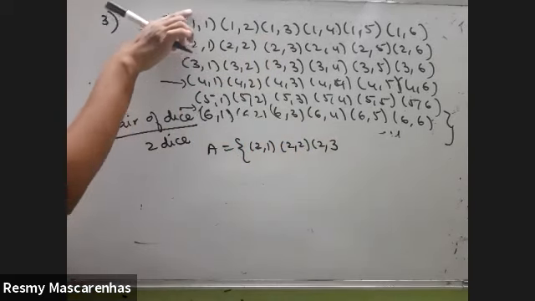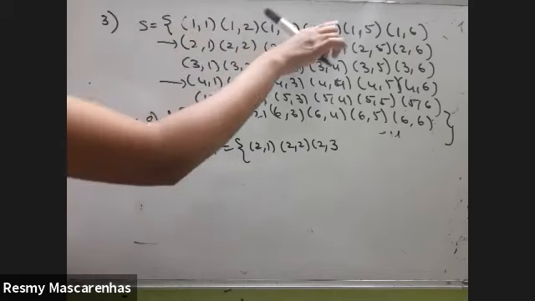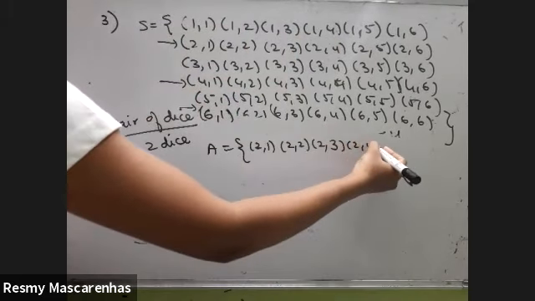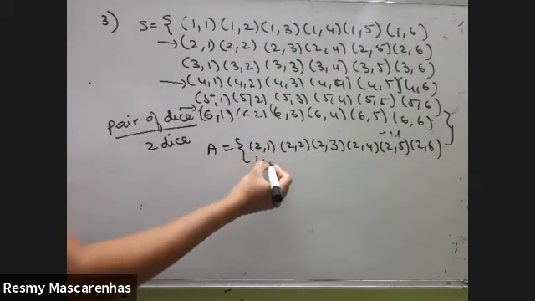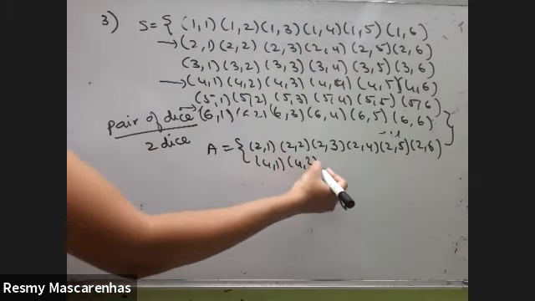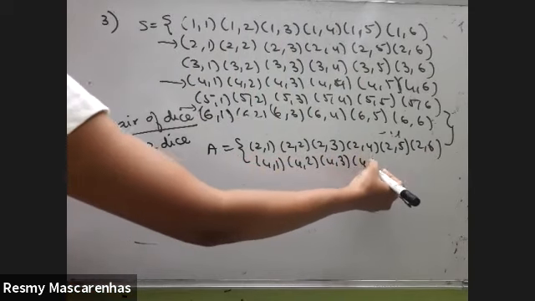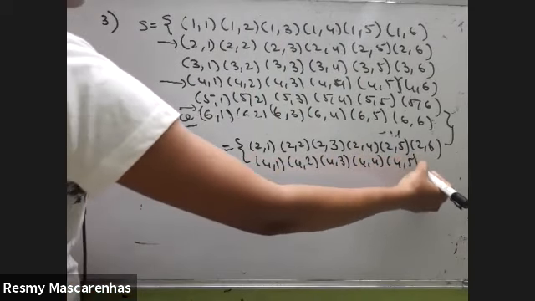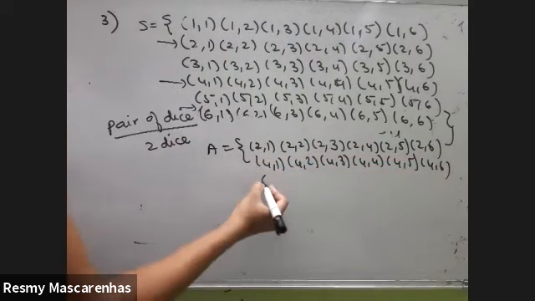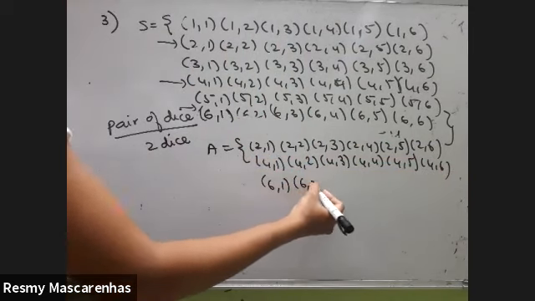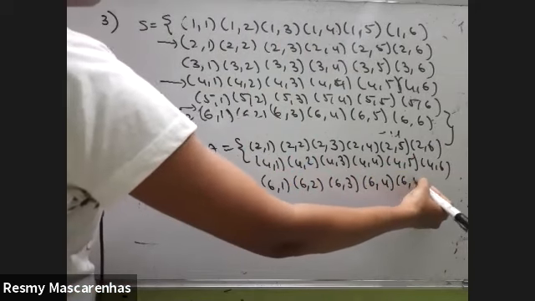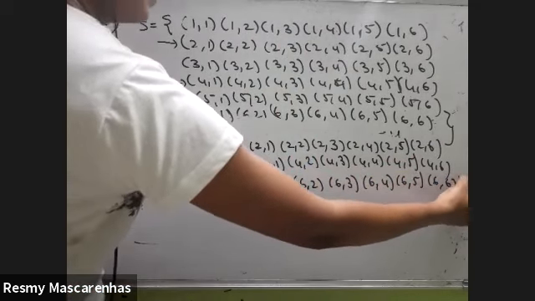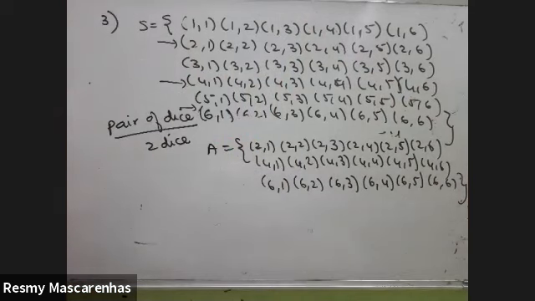You cannot take this because this has an odd number on the first die. So that's event A.